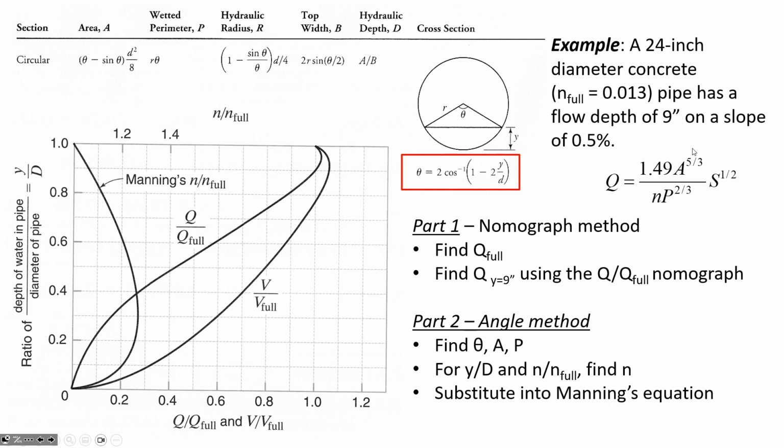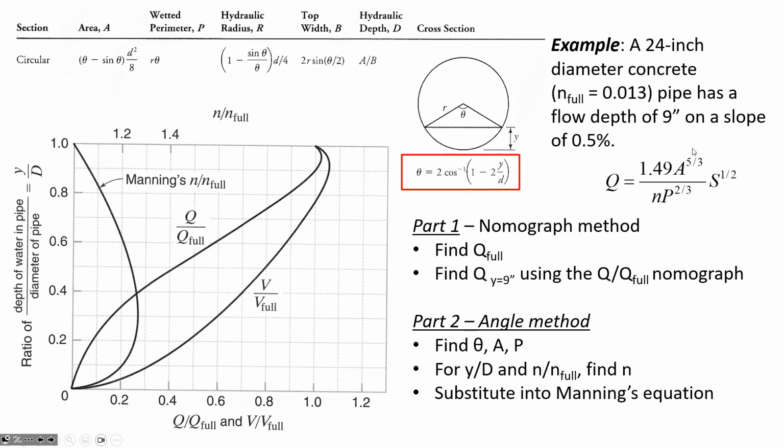Our slope of 0.005 to the 1/2 power, and then n value 0.013 times the wetted perimeter, 6.283 feet to the 2/3 power. If we do the calculations there, we should get that the full flow rate is 16.04 cubic feet per second.